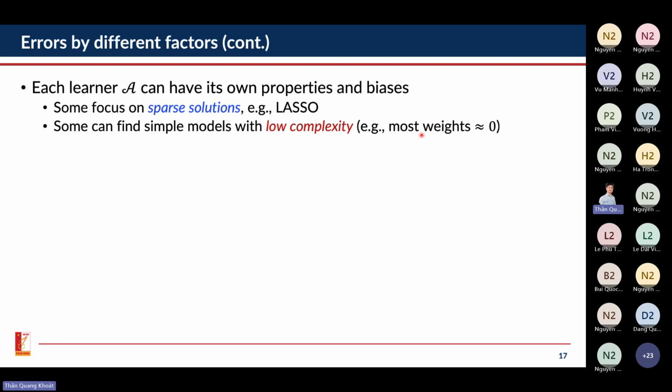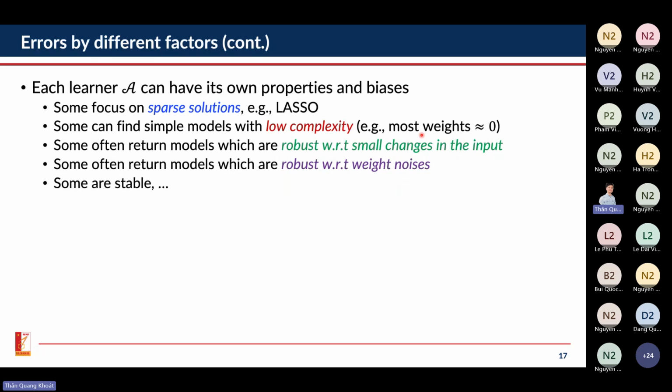This is one kind of bias for the learner. But sometimes a learner can prefer models which are robust to the input. In this case, the trained model can be very robust, right? If we make a small change in the input, then the output is essentially the same. So that model is robust, and it can help us face some attacks.